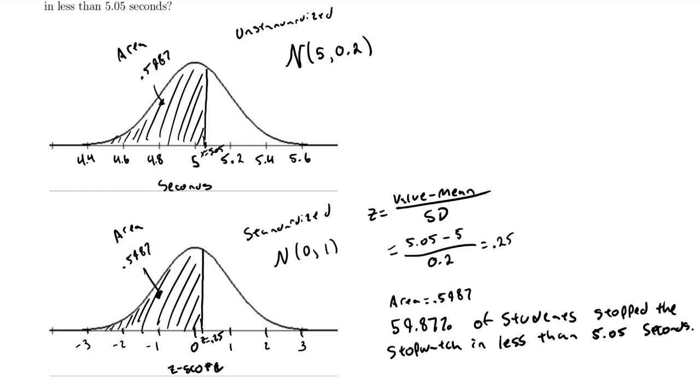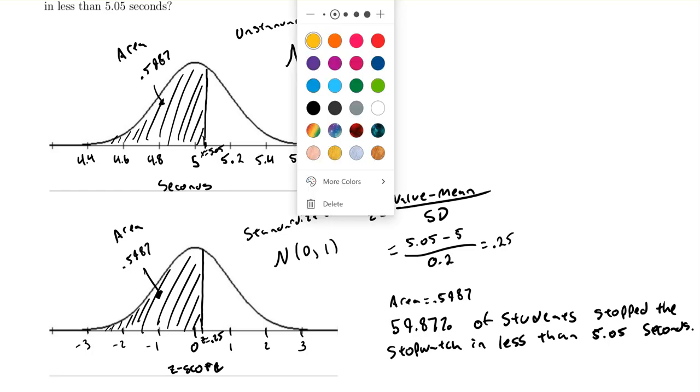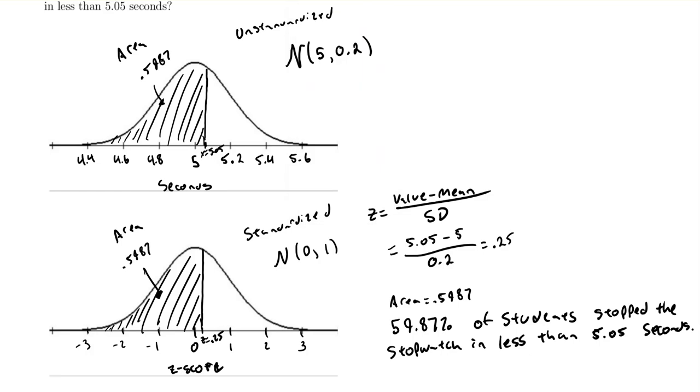If you're going to be taking an exam, for instance, the AP exam, here is what you want to make sure you include on any of your work for problems like this. You want both your standardized and unstandardized pictures, with both the picture and the labeling.